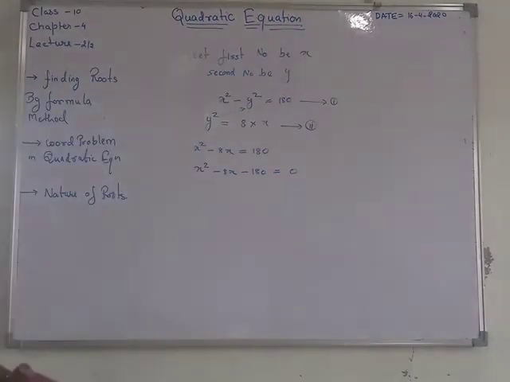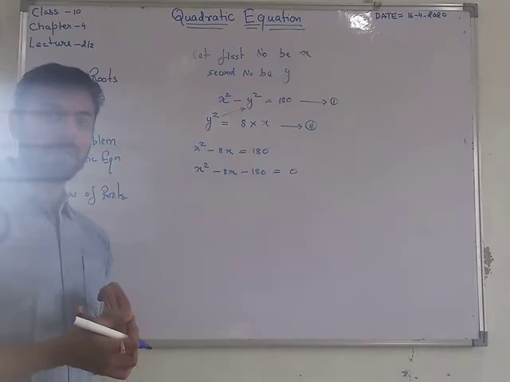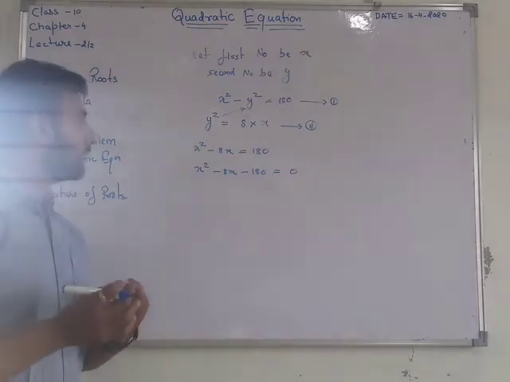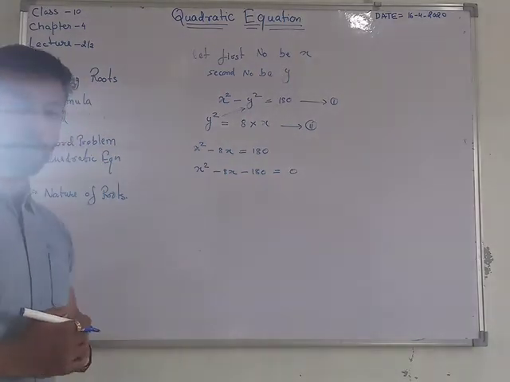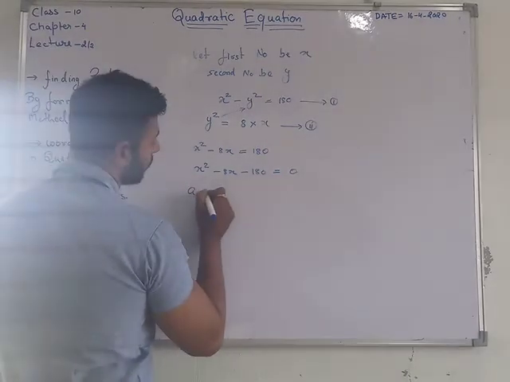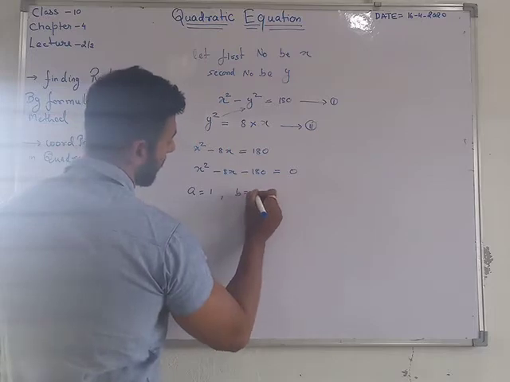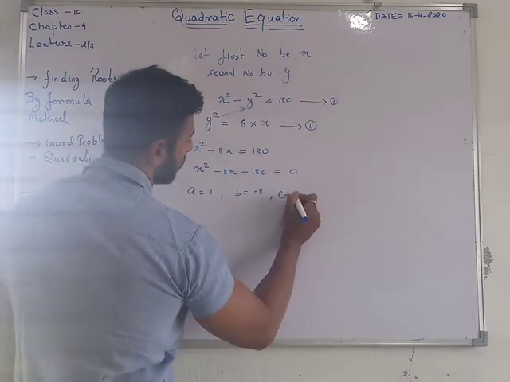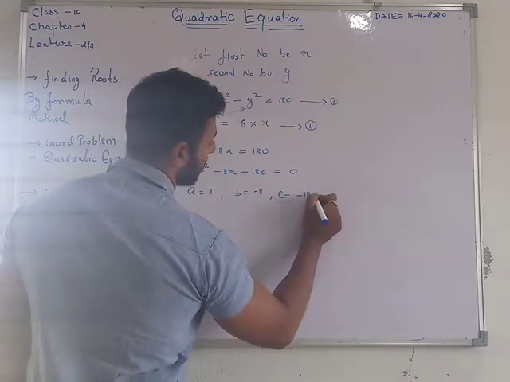Now, you can use splitting the middle term, completing the square or the formula method for solving this equation. a is equal to 1, b is equal to minus 8 and c is equal to minus 180.